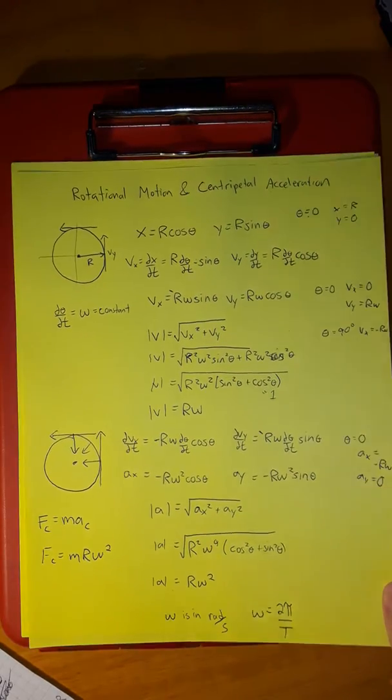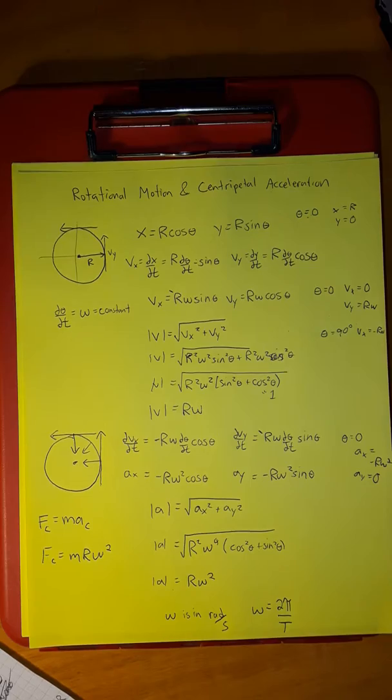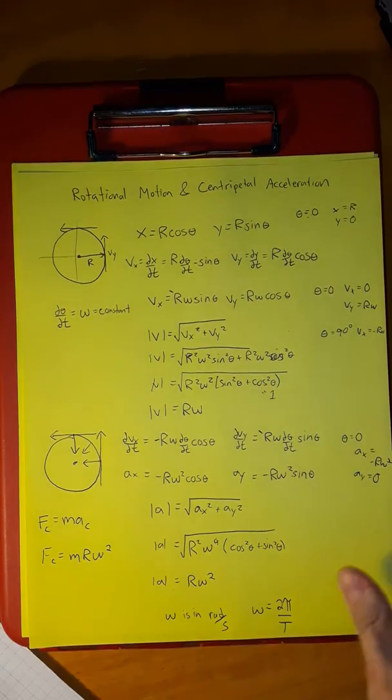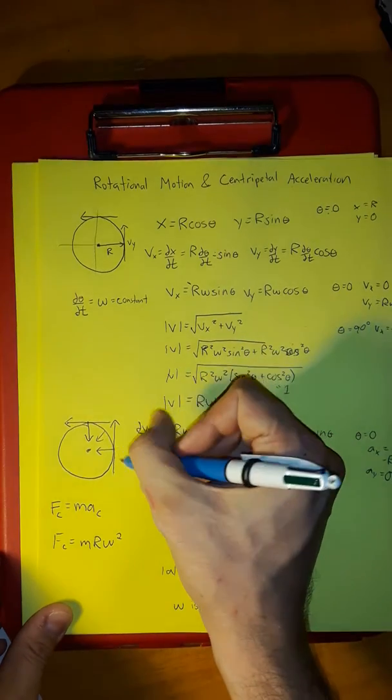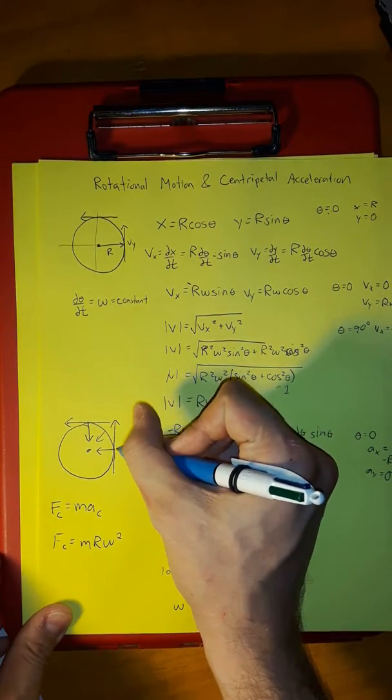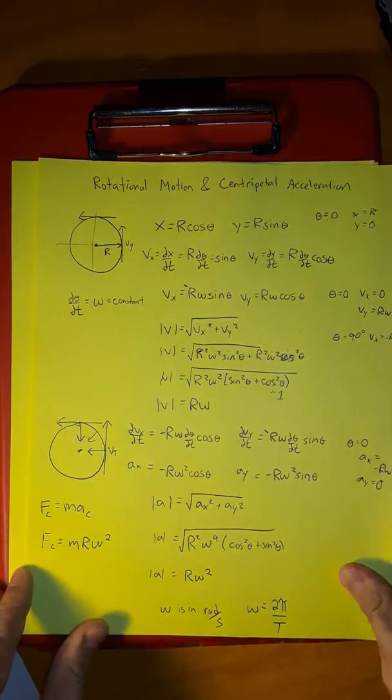So I'm just going to continue on and show how we can find the tangential velocity v_t at any point.